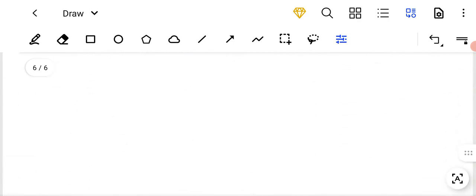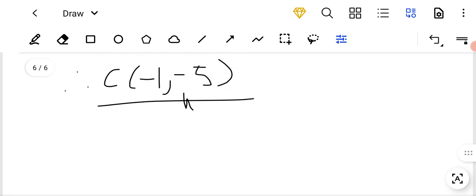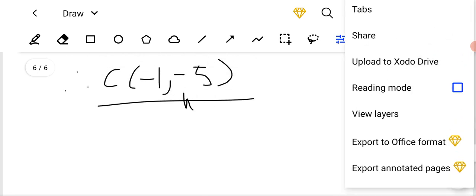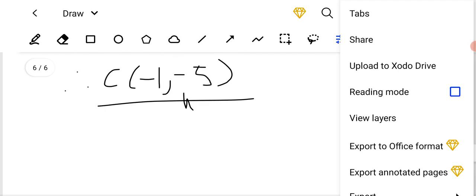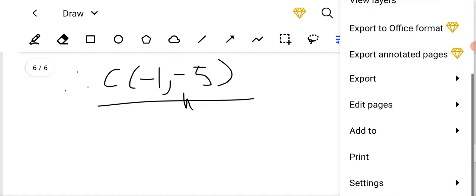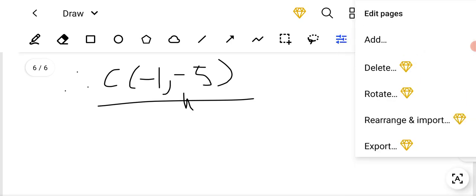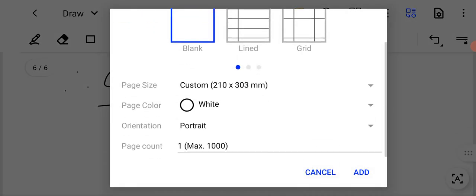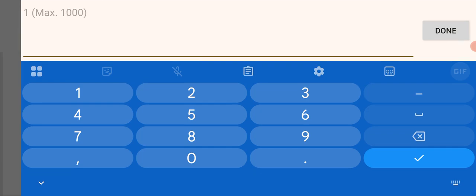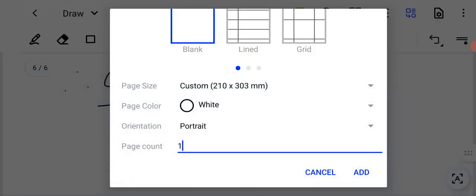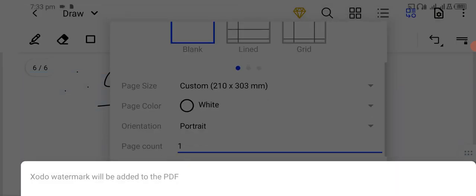I want to start from B, so I believe the space won't be enough. So let us try to add a page, just one.